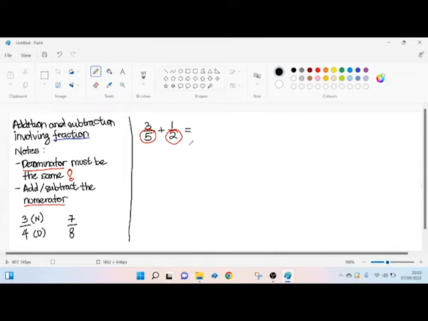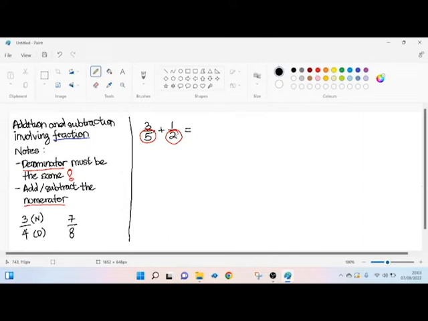Now, what is the trick that you can use to find the smallest number that can be divided by 5 and 2? For me, I will say pick one number, either 5 or 2. I will pick 5. And then you play around with the multiples of the chosen number, 5. The first number is 5.